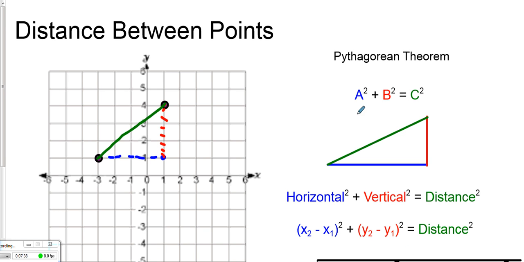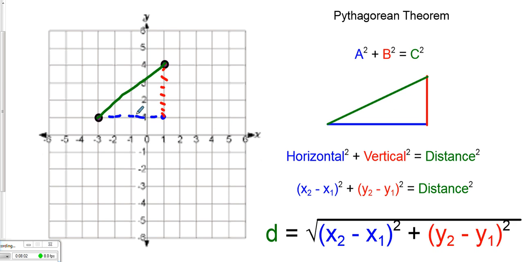So, kind of like how we can use the Pythagorean theorem on a right triangle, here we're just creating a right triangle for us to solve. So again, it's the horizontal distance squared plus the vertical distance squared will equal our total distance squared. a squared plus b squared equals c squared. And that's how we can find that distance.